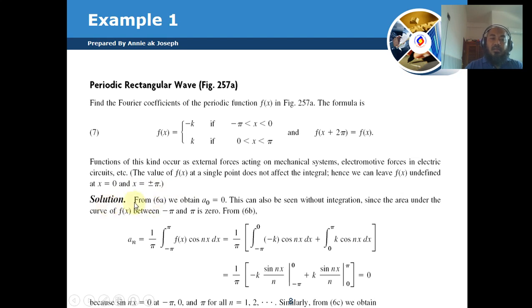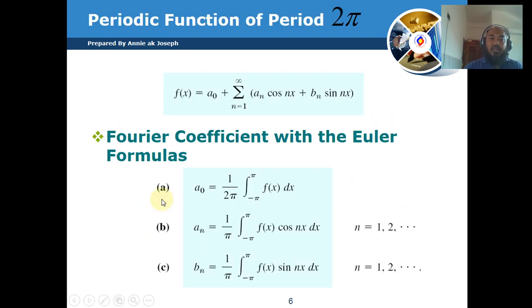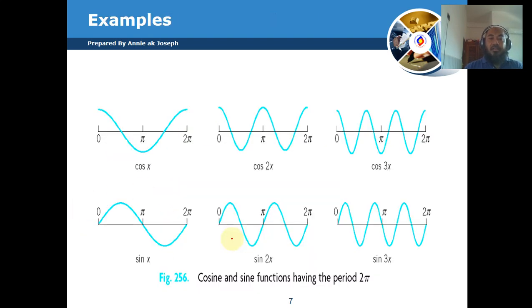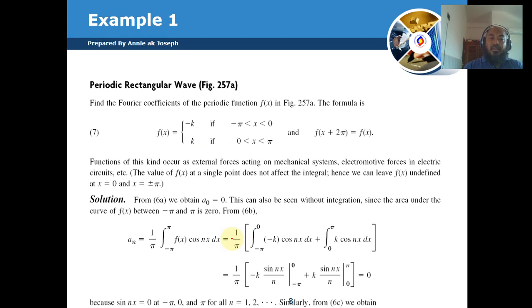Okay, so the solution from equation 6a, this is the equation, so we have parts a, b, and c. From 6a we obtain a0 equal to 0. How can a0 equal 0? Look at our function.